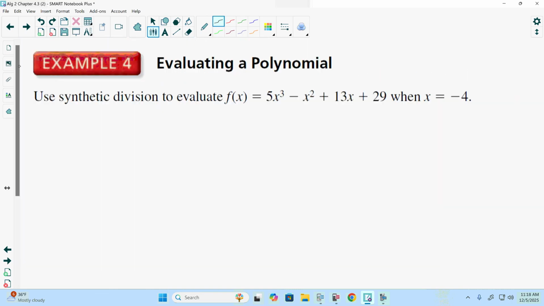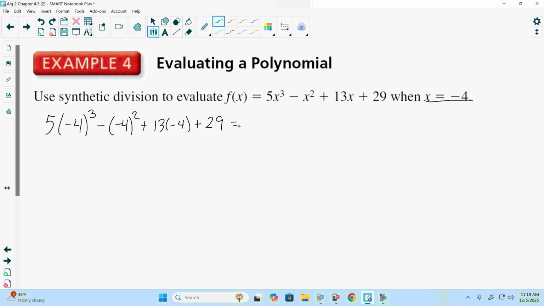So what does that look like for us? What that's saying is that for this here, x equals -4. If I took -4 and plugged it in, 5 times -4 cubed minus -4 squared plus 13 times -4 plus 29. If we evaluate this for -4, we could do this by hand or we can do it in the calculator.